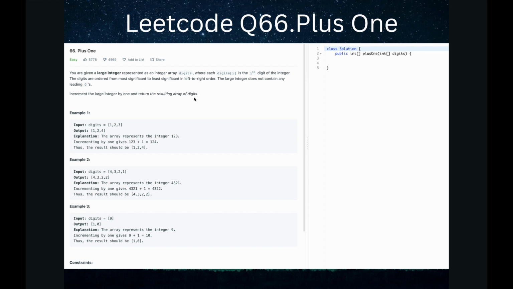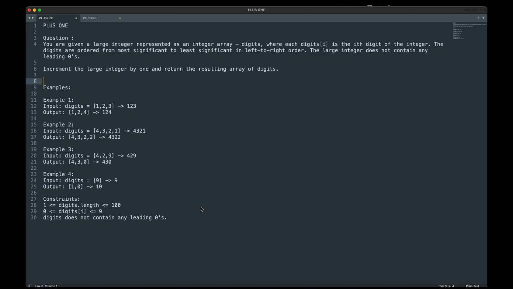Now let's understand the problem in simpler words with the help of examples. Okay, so let's pick up example number 1. Now the problem says that you have been given an integer array digits, which in this case is 1, 2, 3, and it represents a large integer itself. So here the array 1, 2, 3 represents a large integer 123.